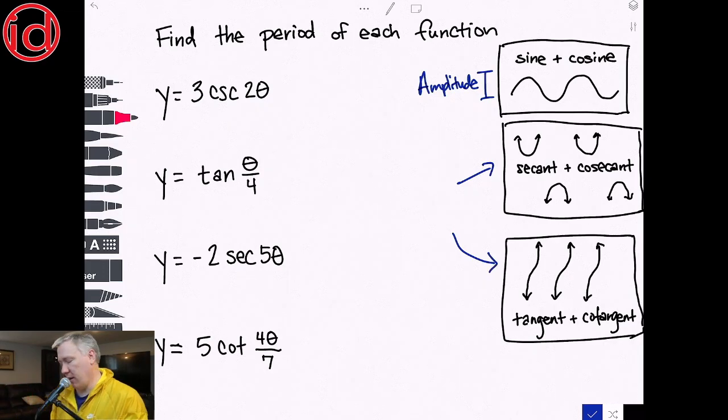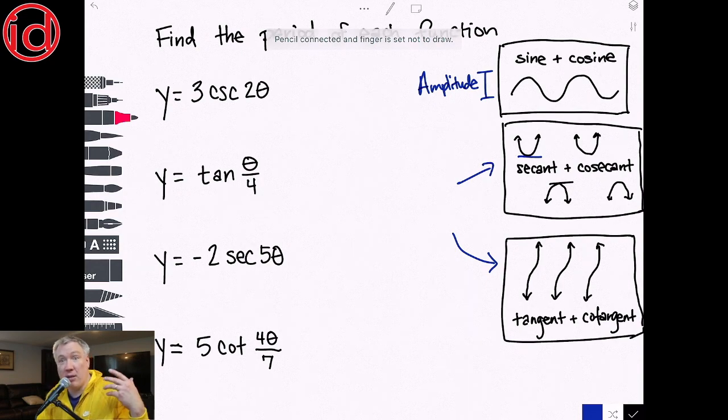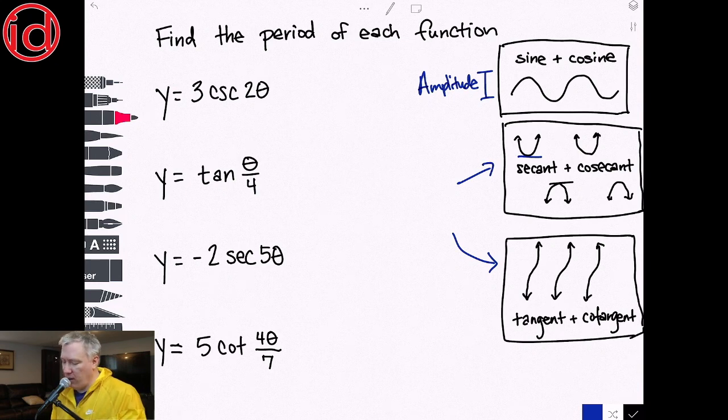We could talk about the distance between the bottom and the top of the secant and cosecant and maybe talk about that as amplitude, and it actually is related to that, as we'll see later. But it's not the word that we use. And for tangent and cotangent, we definitely don't use that word. Again, amplitude is related to their shape, but it's just not something that we're going to focus on. So we're not going to talk about the amplitude of these shapes.